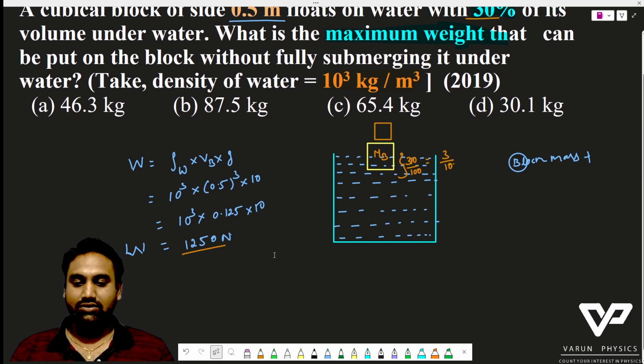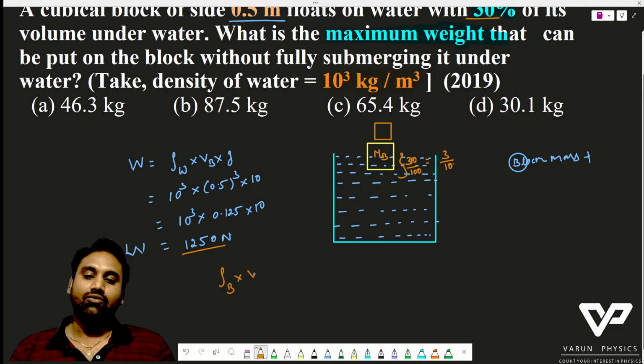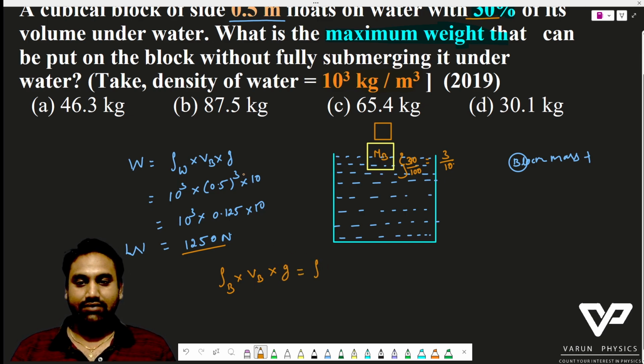As usual, from Archimedes principle, the density of the block into the volume of the block into g must be equal to the density of water into the volume of the water displaced. How much of the volume of the block is sinking here? Only 3 by 10th of the volume of the block into g.